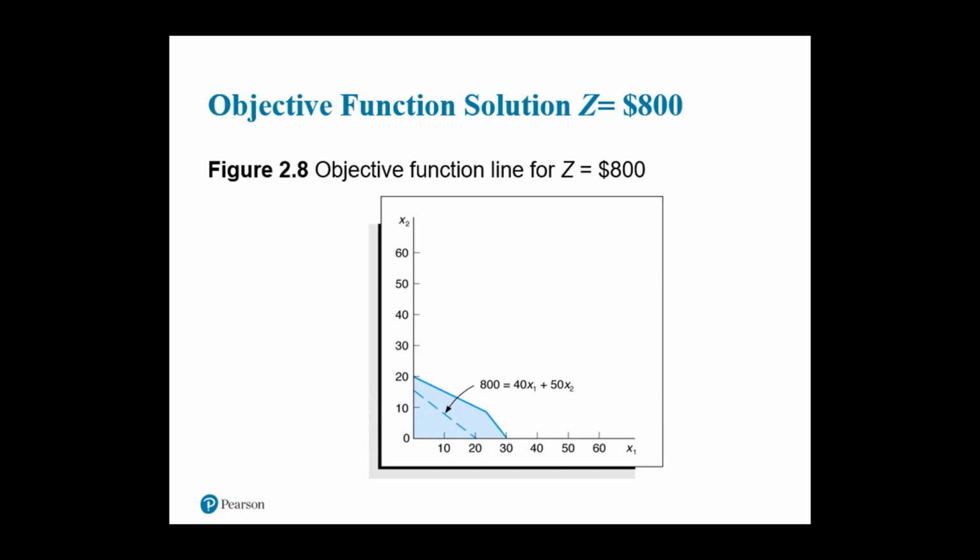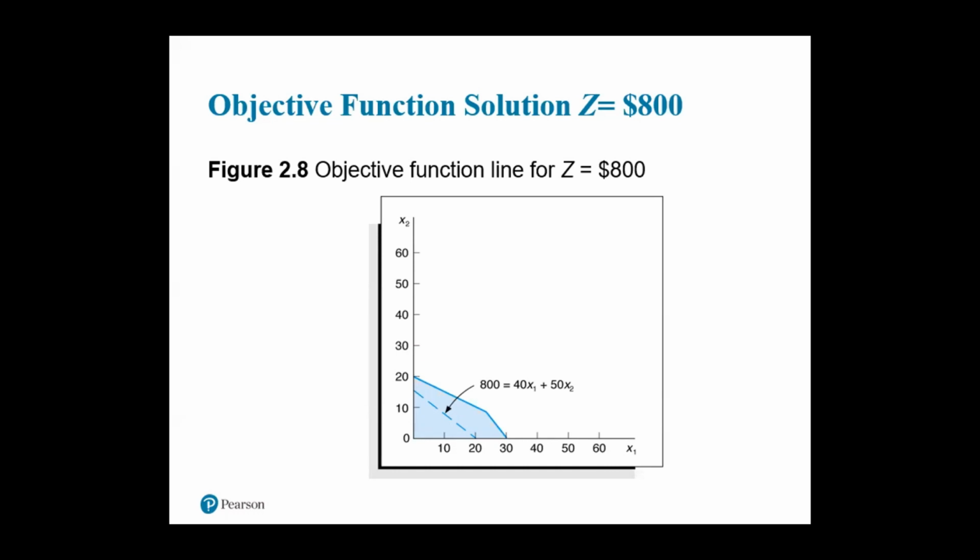This is just to help us understand how the solution is arrived at. It doesn't mean that when you have a problem, you have to make this assumption for the profit. I just want you to get the intuition.